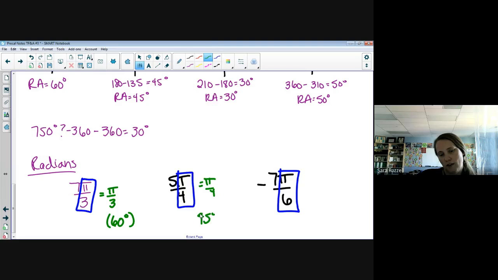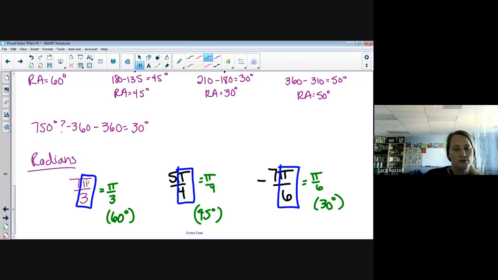Remember that is 45 degrees. And this is pi over 6, which remember that is 30 degrees. If you have some other kind of denominator, you would switch it into degrees first and then do it. But if it's one of our special ones, you just truncate or cut off the first number, and then what you have there is going to be the angle you're going to look at.